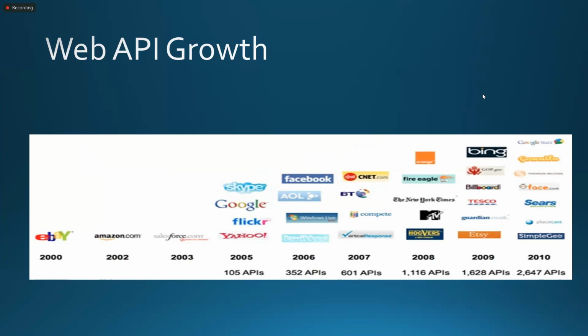After that, so many APIs came. My diagram shows only up to 2010 because I prepared this presentation in 2010. After that I stopped because thousands of APIs are there.